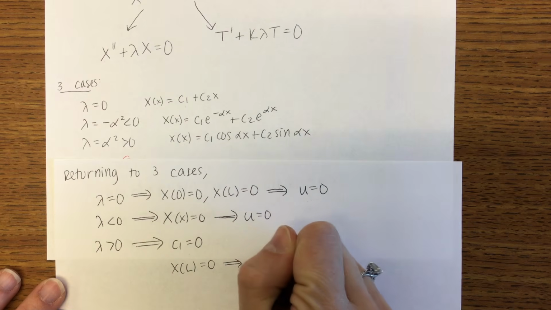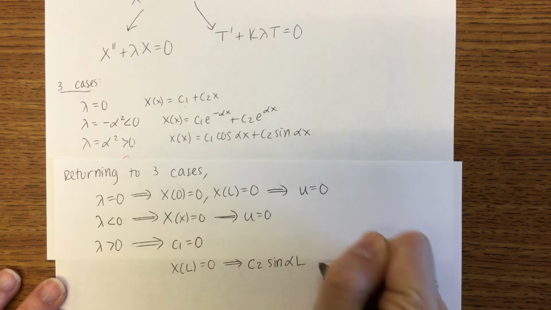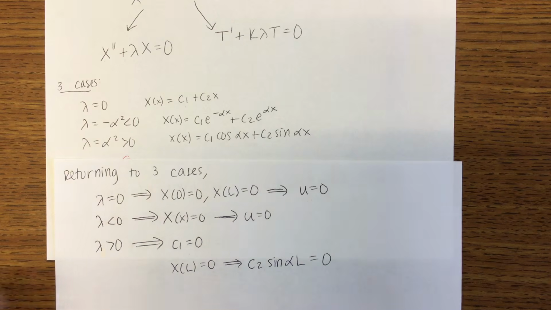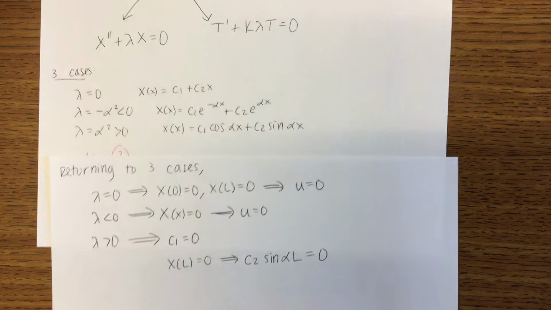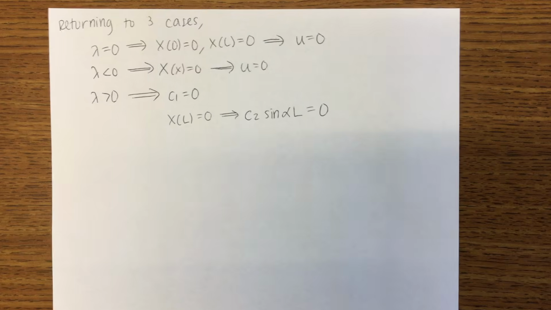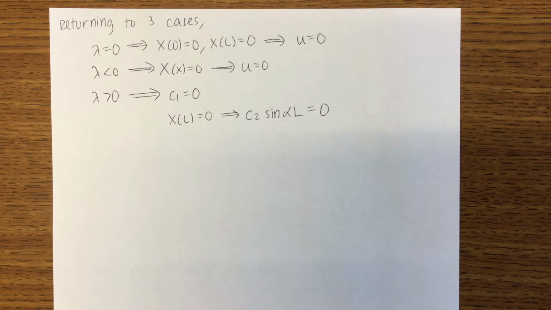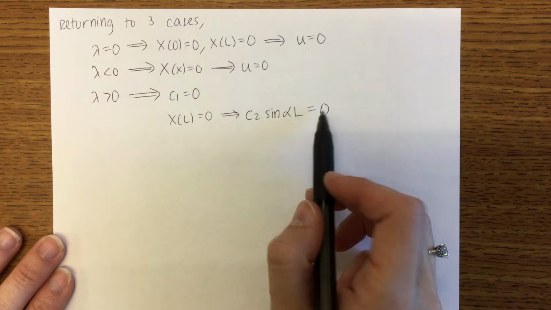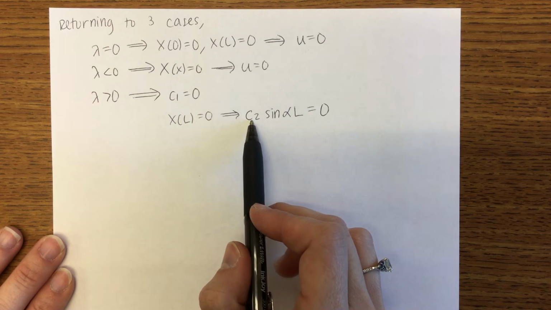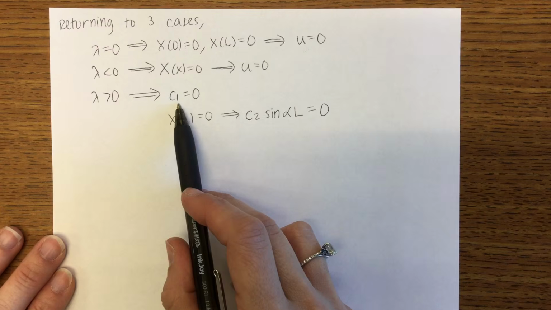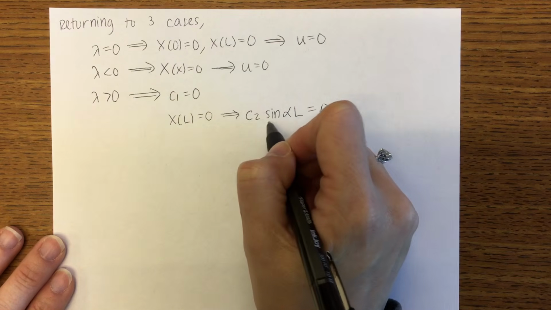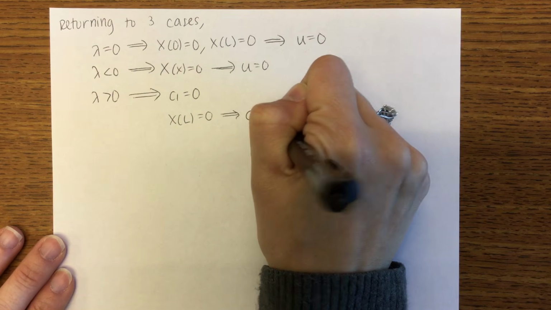So that'll be C2 sine of alpha times L has to equal 0. Do you guys remember doing this before? We said we don't want C2 to be 0 because we already got C1 to be 0. That'll be trivial. So then we said we really want this sine to be 0.